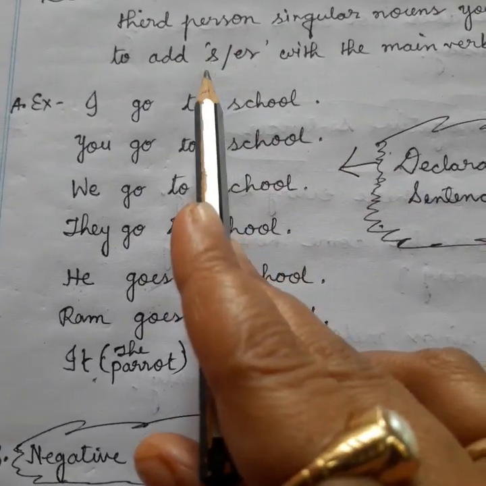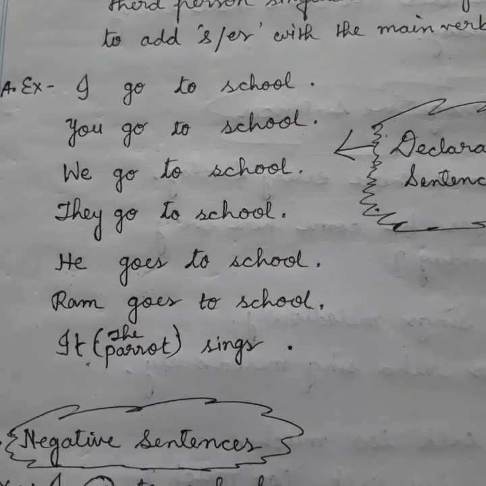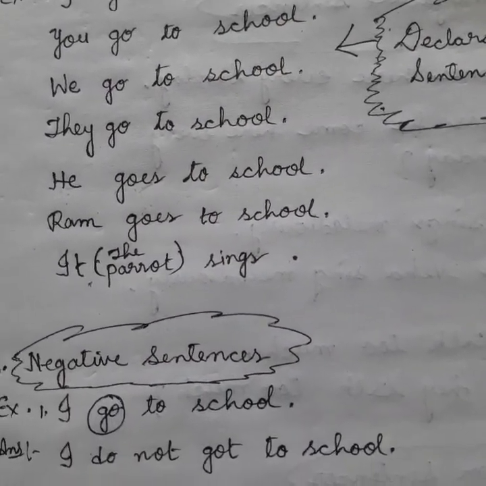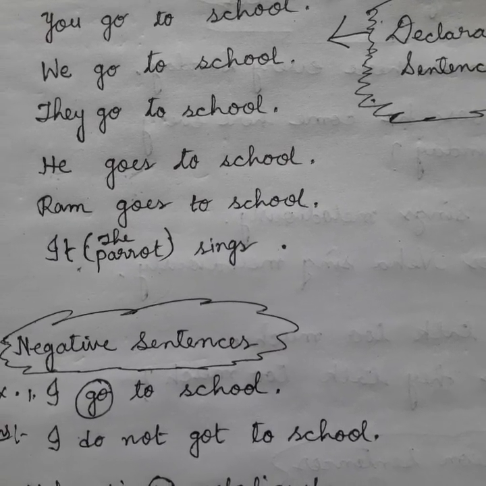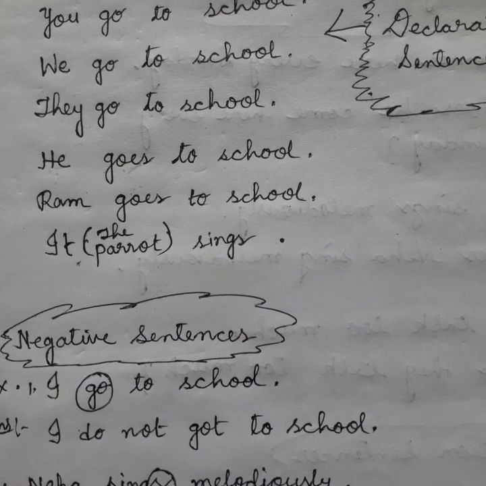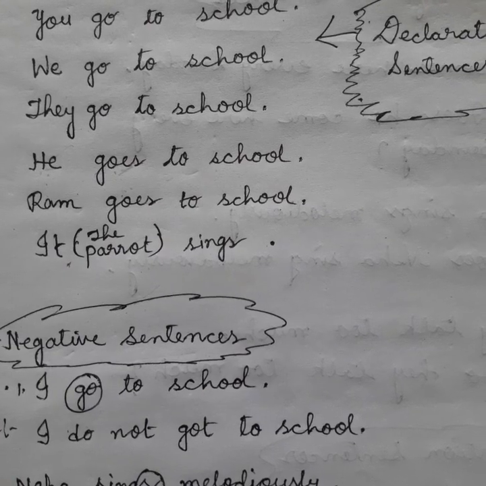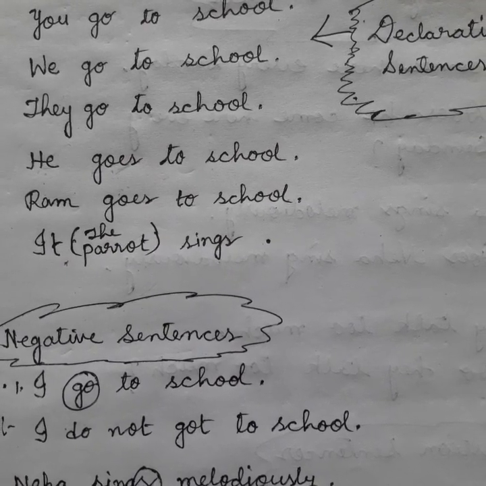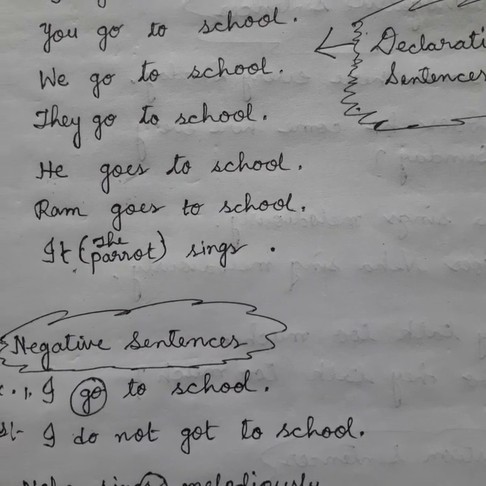In case of third person singular number you have to add s or es with the verb. Okay, Ram goes to school. The parrot sings. The parrot is also singular number, third person, that's why I have used sings, meaning with the verb I have used s.